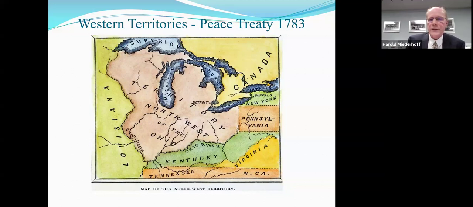And Massachusetts and Connecticut and New York claimed parts of this Ohio River Valley. So the federal Congress, even before the Constitution was created, set up a plan of development for these Western territories. The goal was to sell land to private citizens and to land development companies as a source of revenue for the new federal government.